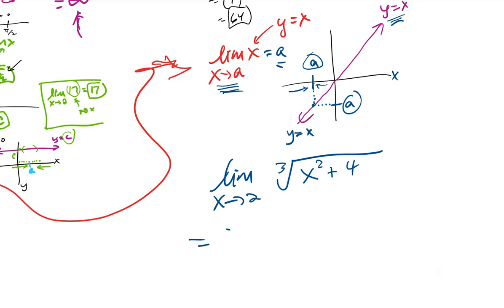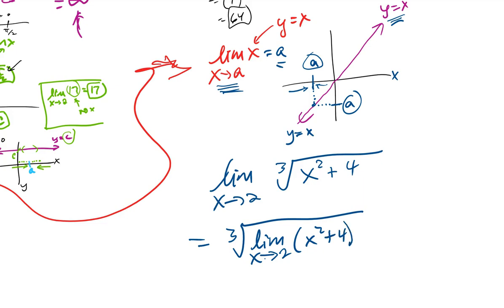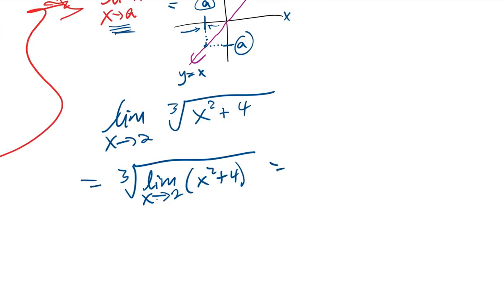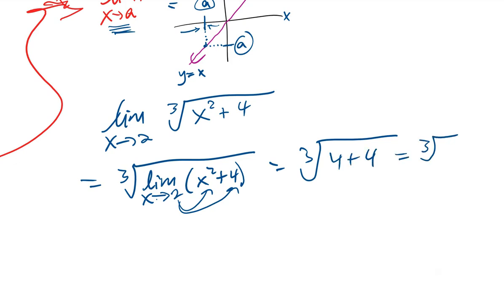So this is equal to the cube root of the limit as x goes to 2 of x squared plus 4, which is going to be the cube root of, now you can plug the 2 in, and now you get 4 plus 4, which is 8, cube root of 8, and you get 2. Now we got the answer 2. It's just a coincidence. It had nothing to do with this 2 here, okay?